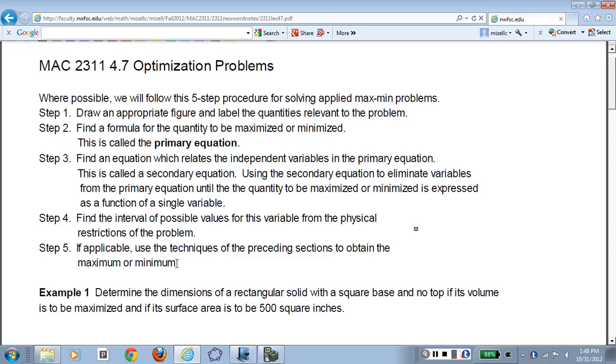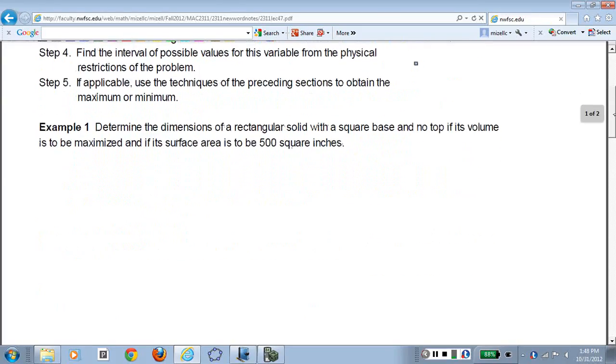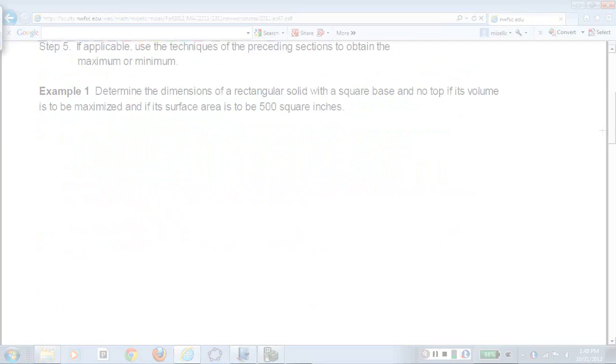If we put restrictions on it, rather than negative infinity to positive infinity, we could find ourselves dealing with a nice closed interval, and we could apply the extreme value theorem to that. So it can actually help us to do step 4, and I'll try to be careful to do that. We'll work through as many of these steps as possible in each problem, beginning with example 1.